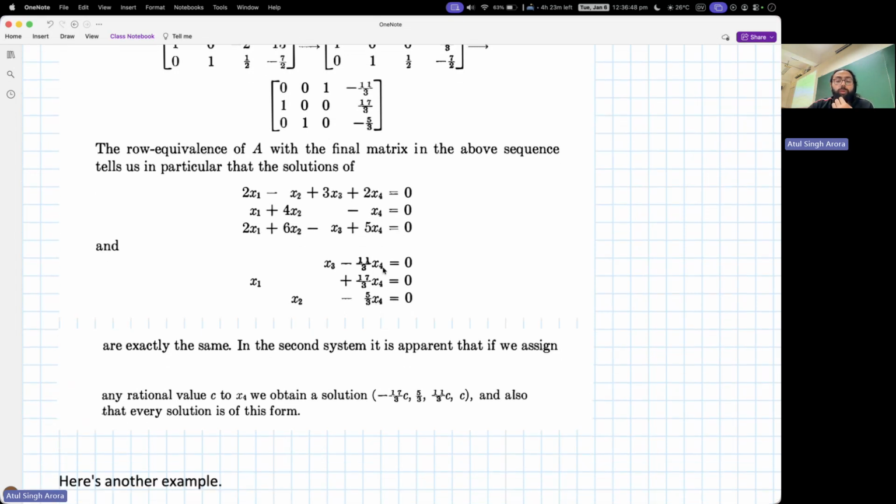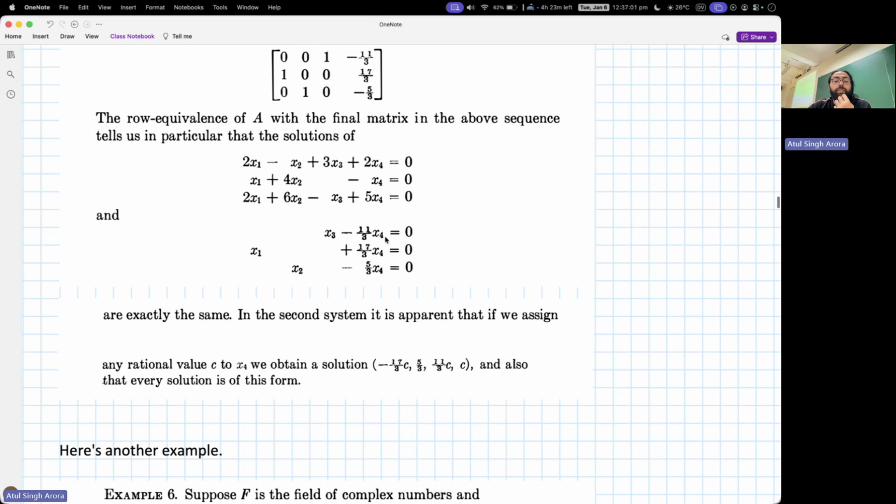The point is you can choose whatever value you want for x4, and you will obtain a solution, because you just take x3 to be whatever this object is in terms of x4. In particular, if you take x4 to be C, then this object is going to be a solution simply by solving this.